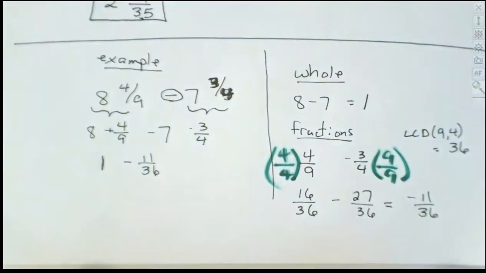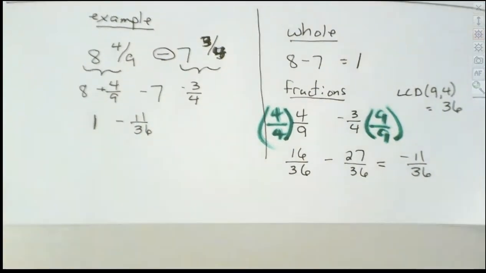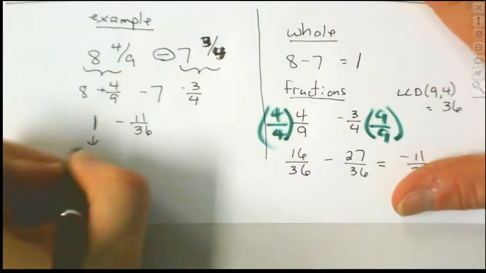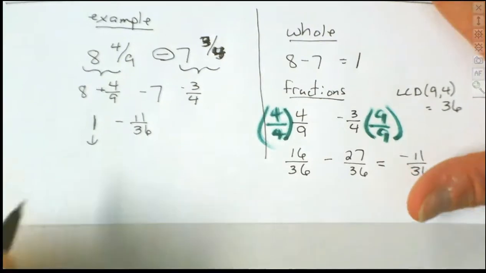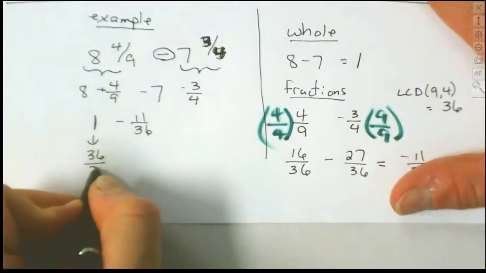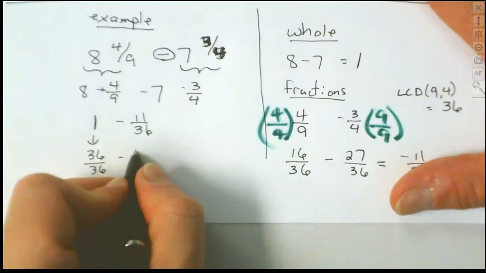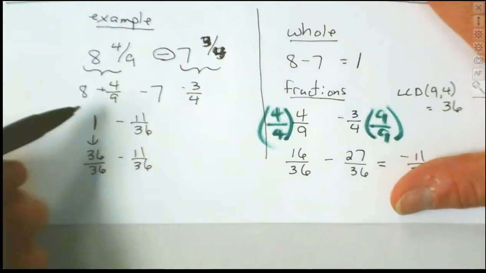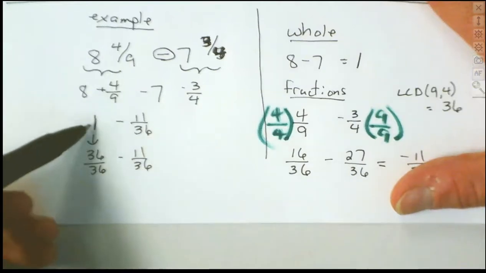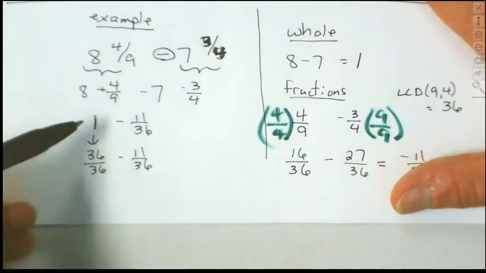Now, we need to borrow from that 1. What is 1? 1 can be written as what? 36 over what? 36, right? Okay, because that's what 1 is. We can't borrow from it as if it was 3 or 4, we could borrow from it, but in this case we can't.